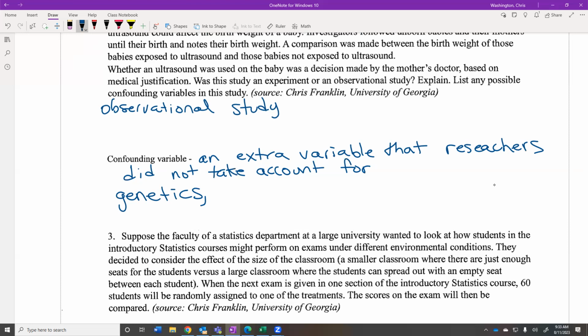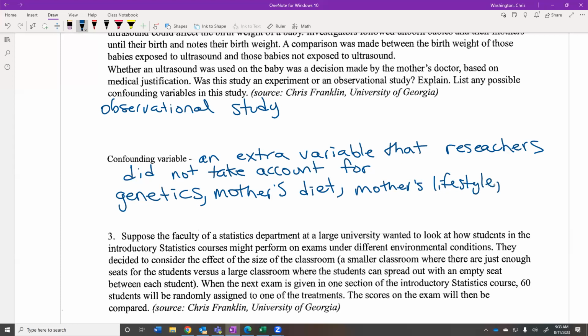Or the mom's diet. So the mother's diet. Good, perfect. They didn't take that into consideration. They're only looking at ultrasound and not ultrasound. Anything else we can think of? I think y'all are on the right track. Genetics, mother's diet. I'm gonna put mother's lifestyle.